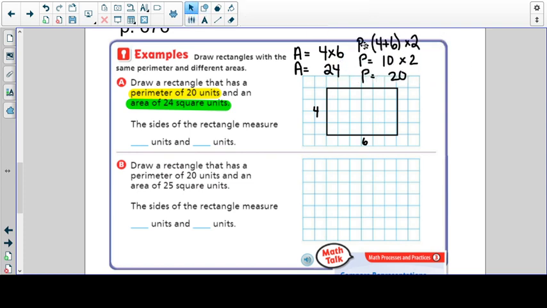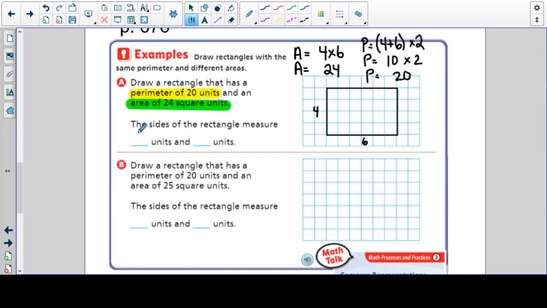So we have met the conditions here. This would be a 4 unit by 6 unit.